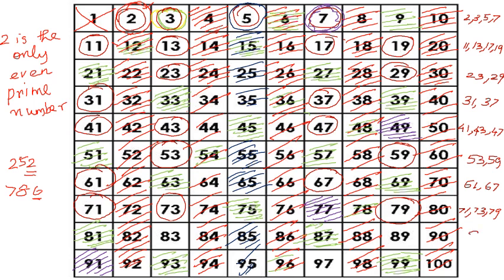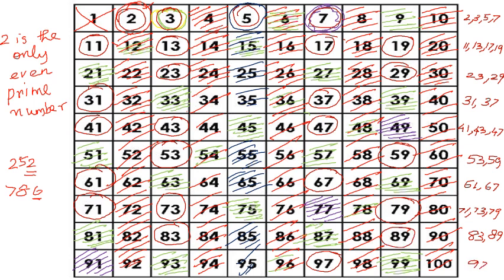So in this group you have 83 and 89. And in the last group you have only 97.